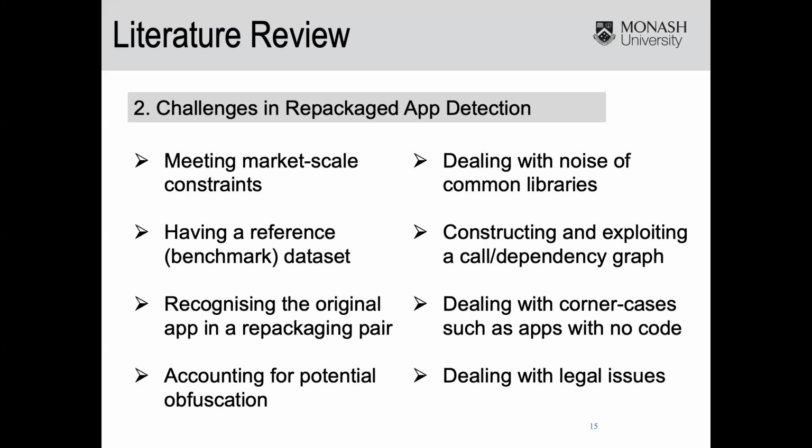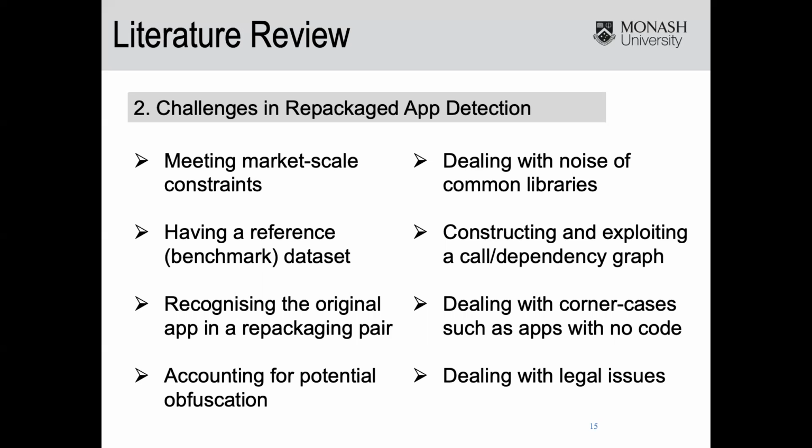Because Android apps are written in Java, and there are thousands of Java libraries that could be used by Android apps. And those libraries could introduce noise when detecting repackaged apps, because those libraries could be very much similar to each other, and so on.